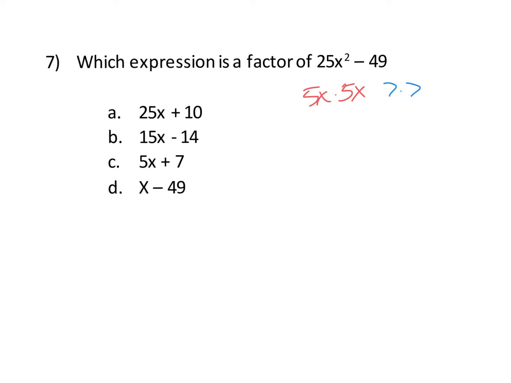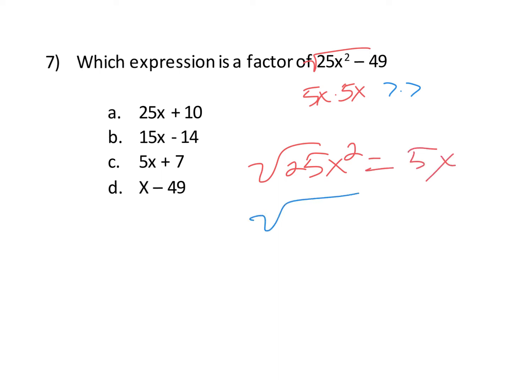And when we have the difference of two squares, you can take the square root of both of these numbers. So again, the square root of 25x squared equals 5x. And the square root of 49 equals 7.